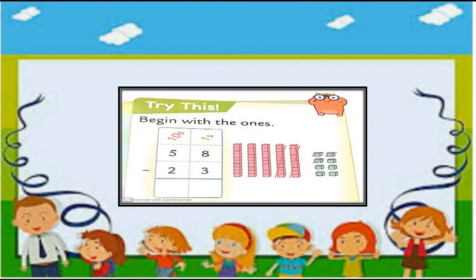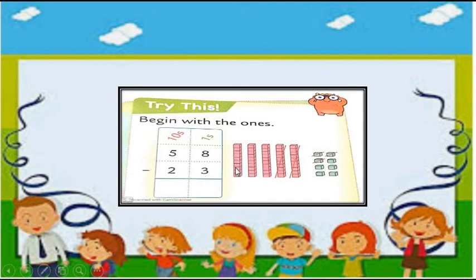Before counting, let's see what we have for our understanding. Here we have 1, 2, 3, 4 and 5 buildings of blocks, and each one has 1, 2, 3, 4, 5, 6, 7, 8, 9 and 10 blocks.